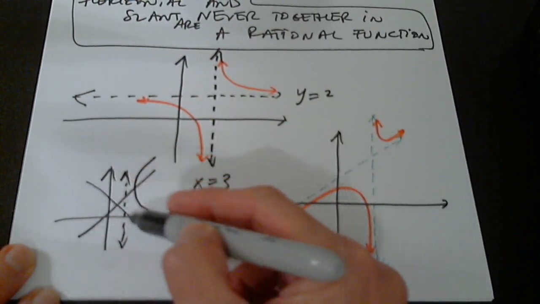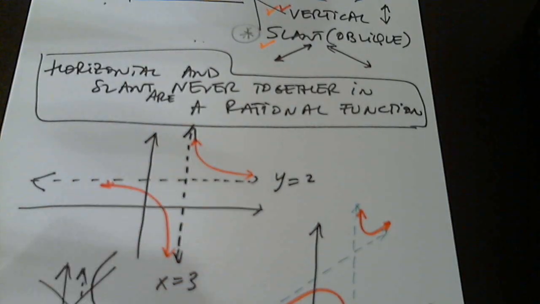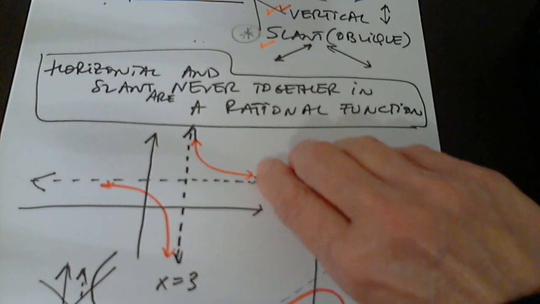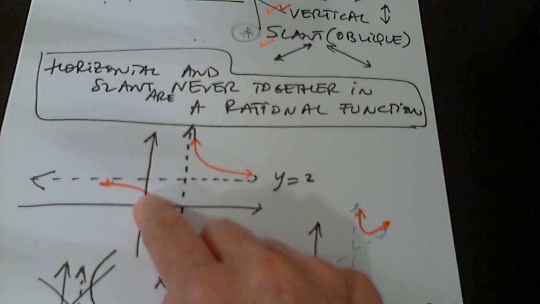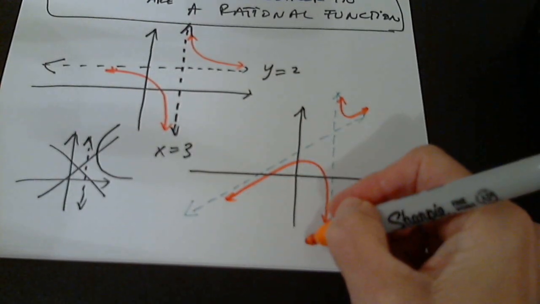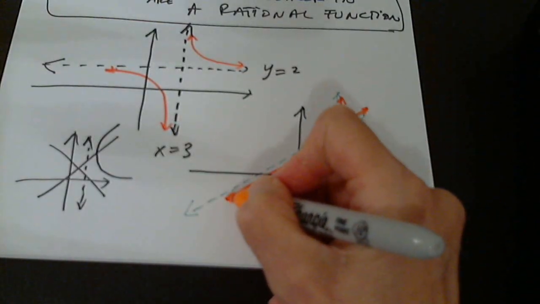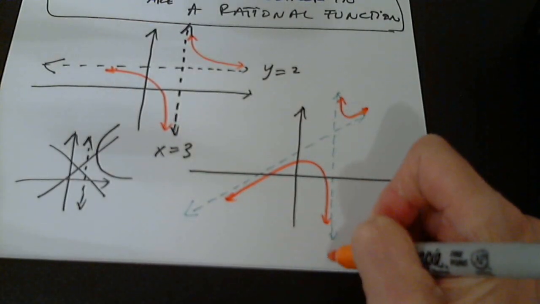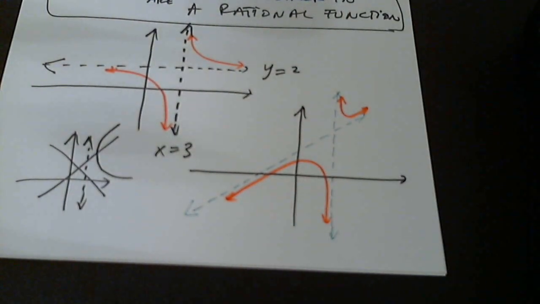No. These asymptotes signify the fact that the function gets closer and closer to them. The same thing here. This is not something like this. No, it approaches the asymptote, closer and closer to the asymptotes.